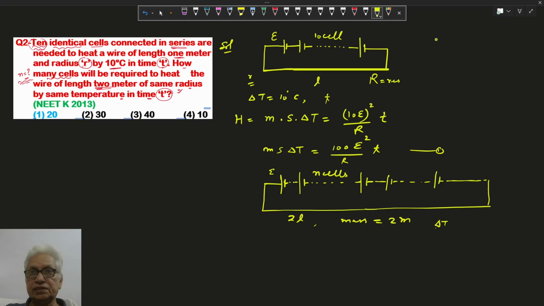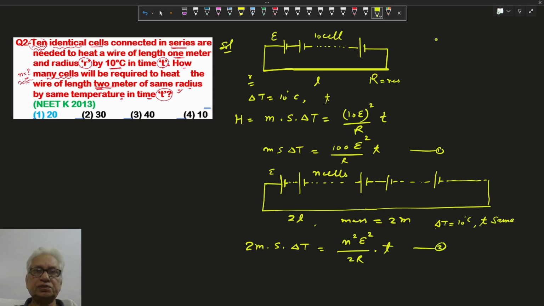But the temperature rise is the same and the time taken is also the same. Now the heat is 2m s delta T. So now n squared E squared divided by the resistance, which also becomes double, times t.